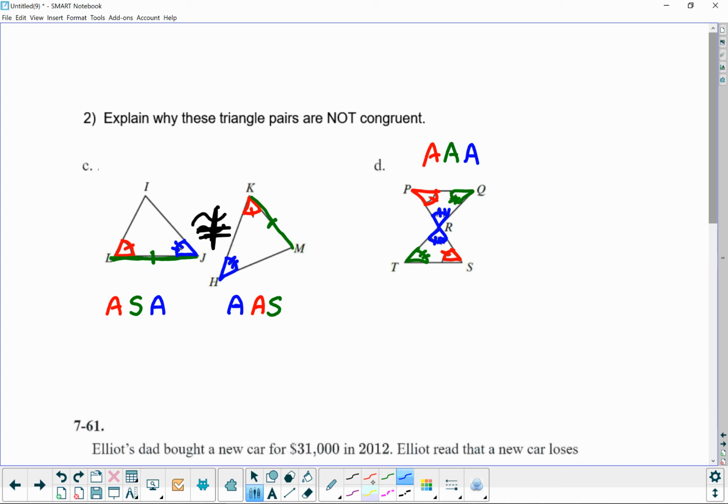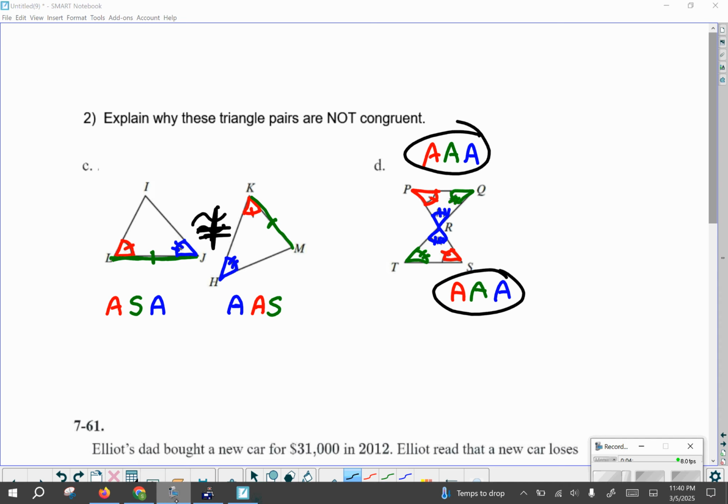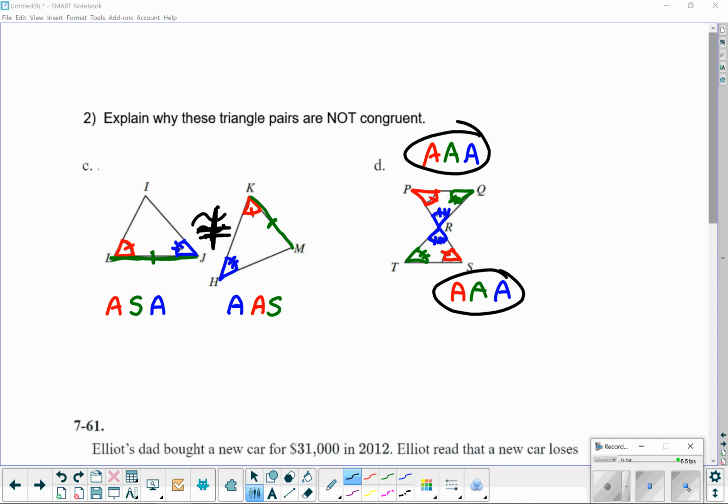The bottom one I can count as well: red angle, green angle going in that order, and then blue angle. So nothing wrong with that, they actually do match. But the thing is, we don't have an angle-angle-angle congruence postulate. Therefore, these triangles are not congruent, because they are supposedly congruent by angle, and we do not have that. All right, that's all it is.